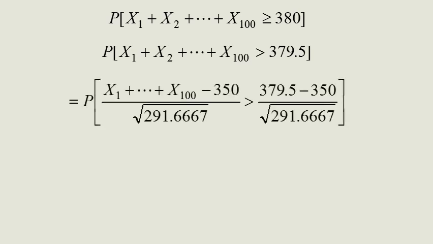Now we can create z by subtracting the mean and dividing by the SD. And when we look this up in the z table, we'll see that the area is approximately 4%. And so that is the probability that the sum of 100 die rolls is at least 380.